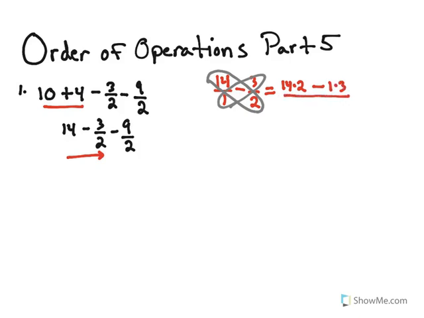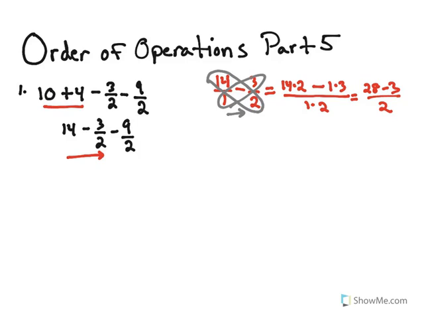It doesn't matter the order of the two numbers. And then we multiply the two denominators straight across, so that's 1 times 2. When you simplify it, this gives me 28 minus 3 over 2. 14 times 2 is 28, minus 1 times 3 is 3, and then divided by 1 times 2 is 2.